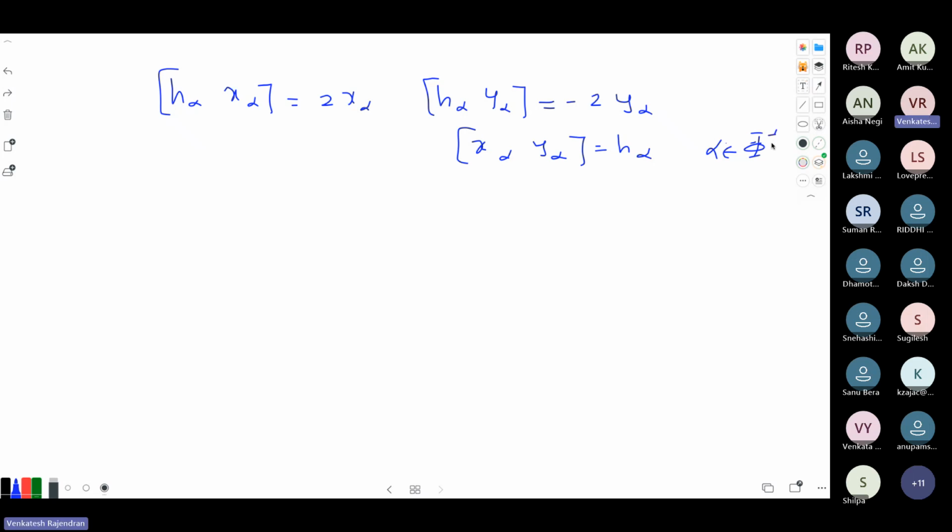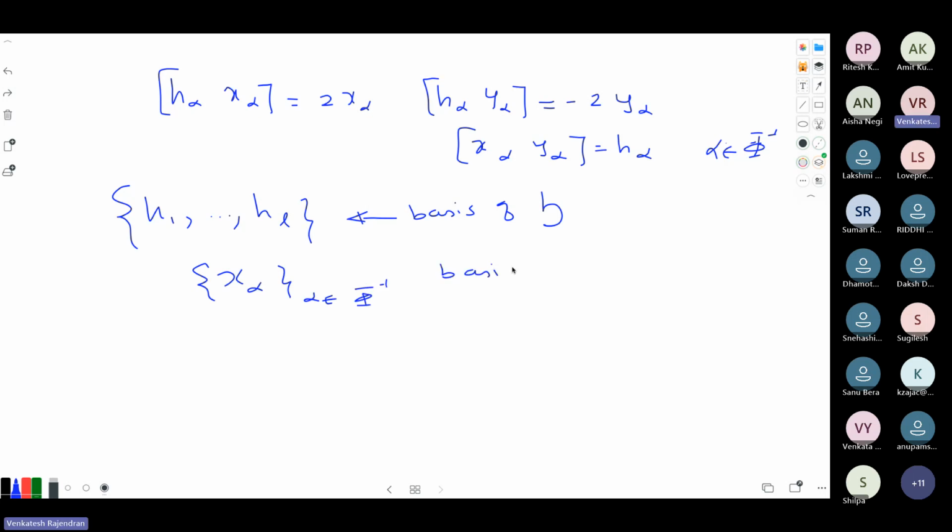So this is something you know about these elements. H_1, etc., H_L is a part of the basis of H. So this is the basis of H. Then if I take the X_alpha, this is a basis of the union of G_alpha, alpha in Phi plus.